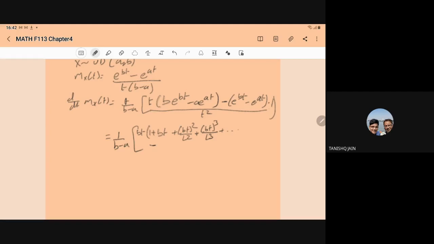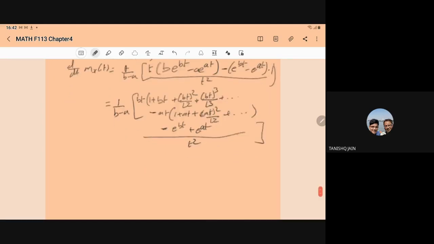Minus here we can write e to power at as 1 plus at plus at square by factorial 2 and so on, minus e to power bt plus e to power at, and the whole upon t square, right?